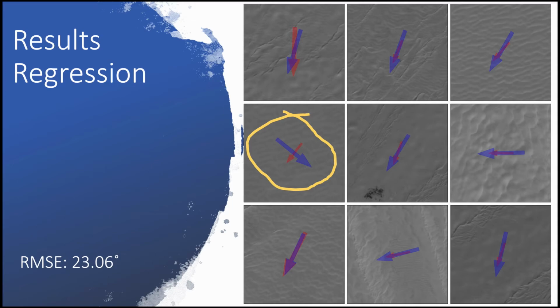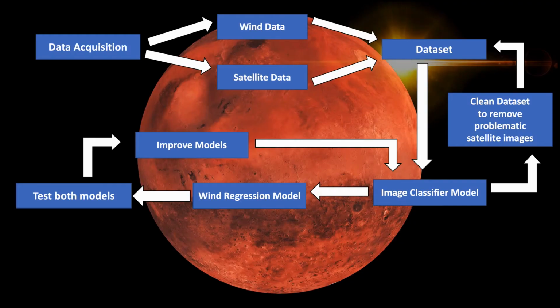So that root mean square error of 23.06 is really driven mainly by a few large errors that we have, which also means that if you predict a lot of wind direction in a region and you only look at the most common direction, you will probably get the correct regional wind direction. So that's very, very encouraging for applications.